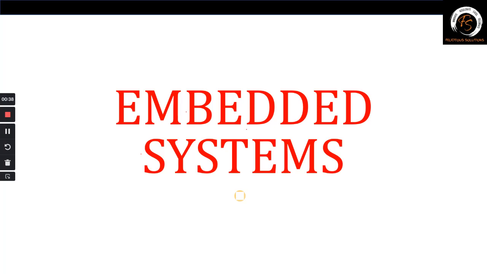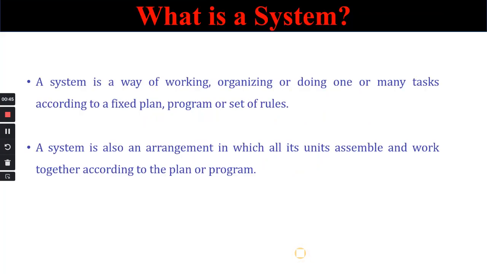Okay. So before getting into embedded system, everyone should know what a system is. A system is a way of working, organizing, or doing one or many tasks according to a fixed plan, program, or set of rules. A system is also an arrangement in which all its units assemble and work together according to the plan or program. Understood?